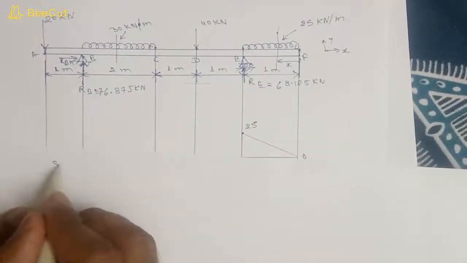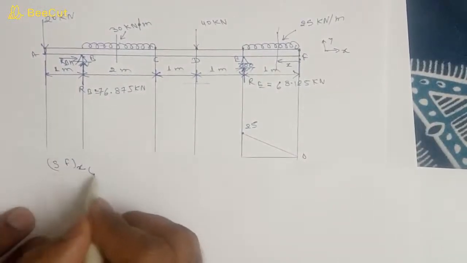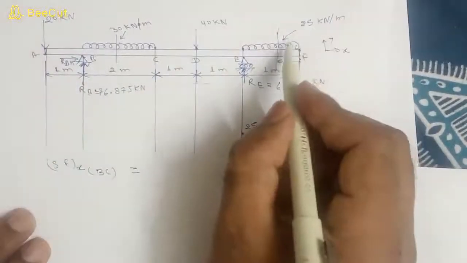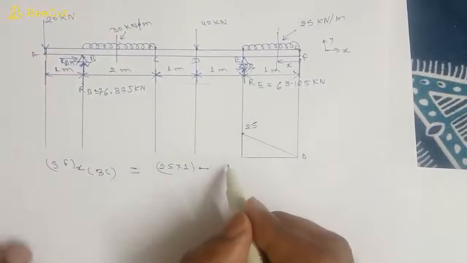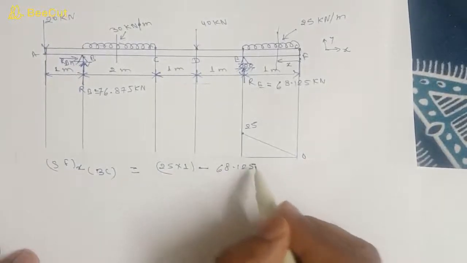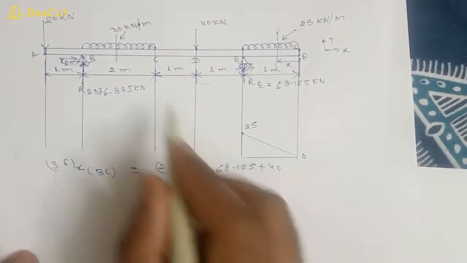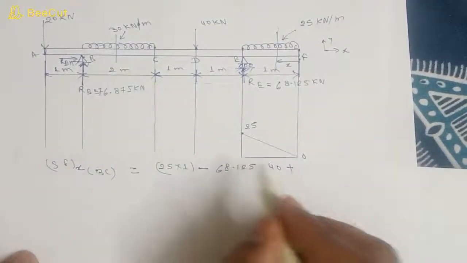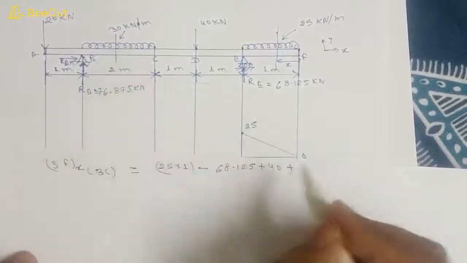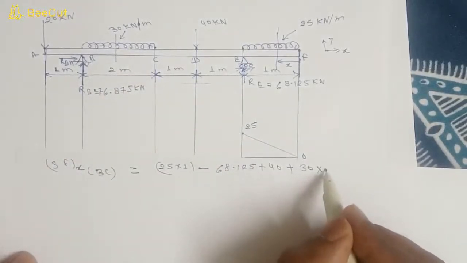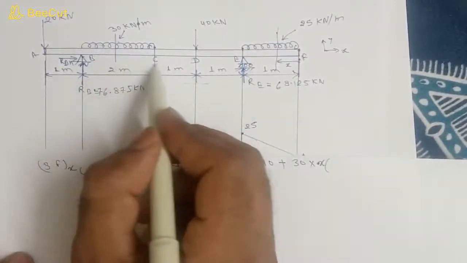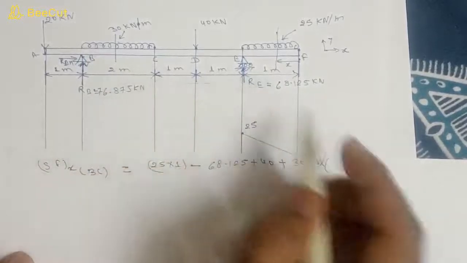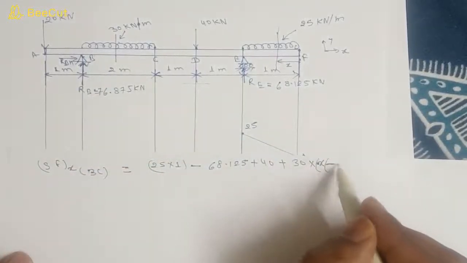Shear force at section x in part BC is equal to the total load 25 into 1, minus 68.125, plus 40, then plus 30 kilonewton into x minus this distance, x minus 1, 2, 3, so 30 into x minus 3.